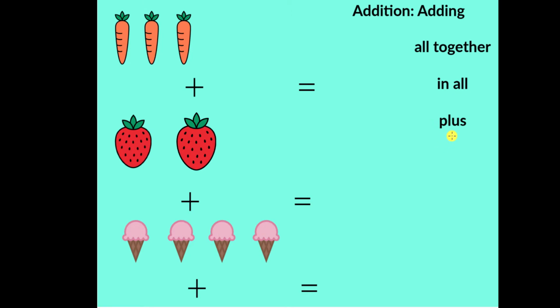When we say plus, that means you're adding. Addition means you're adding. And of course, the word adding means you're adding. And here's the word addition right here. There are a few other words that mean that you're adding, but these are the basics of what you will see most of the time. What does adding mean?